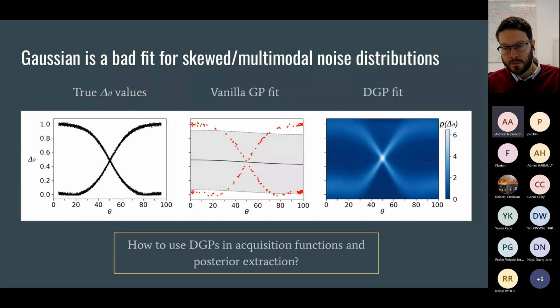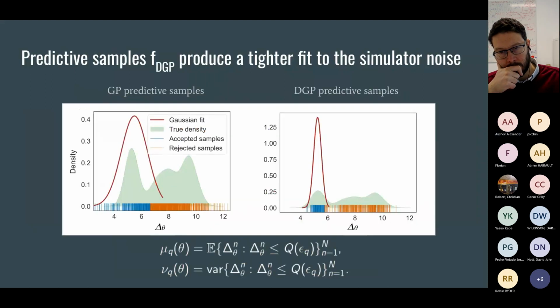So we need to use somehow the deep Gaussian process fit in the acquisition functions and in the posterior extraction procedure. And what we can do is we can essentially use the predictive samples of the deep Gaussian process at a certain location.